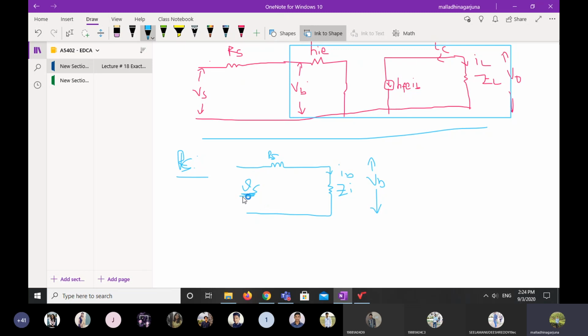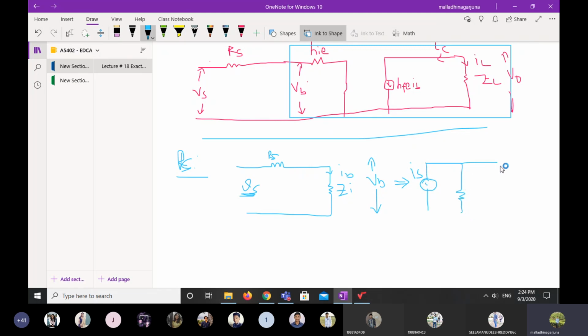So we apply the source transformation theorem to convert that voltage to a current. You apply it, so the voltage VS is replaced with IS, where IS is equal to VS by RS, and RS comes in parallel.